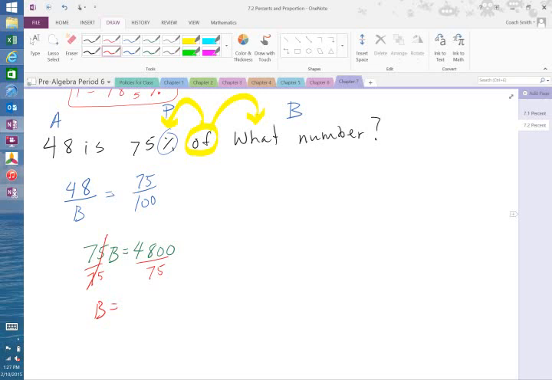Y'all figure it out. Joshua? I got B equals 64. That is correct. B equals 64.